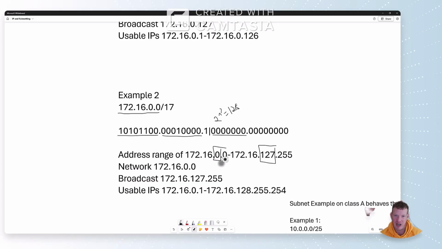And then 255 is always what 8 ones mean. So now we have a range of 0.0 to 127.255. That gives us a network of 172.16.0.0. That gives us a broadcast of 172.16.127.255. And this would be the usable IP range there.